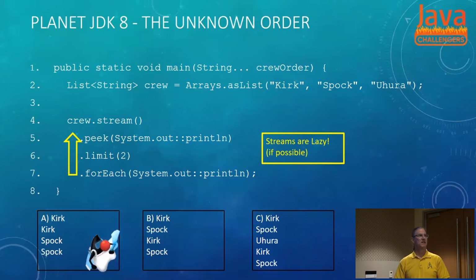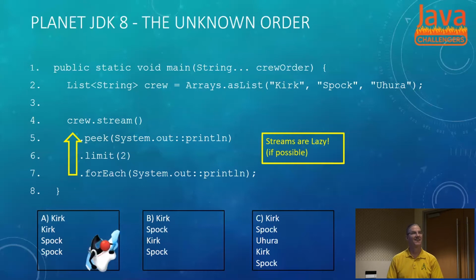Has anybody debugged streams before? Her is difficult. Yes. Has anybody, any stream experts? Okay, good. I'm not an expert, but it's basically lazy evaluation. So it goes to the peek and then gets the current element.